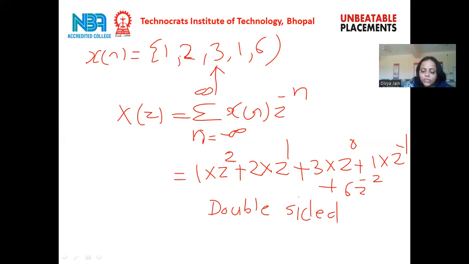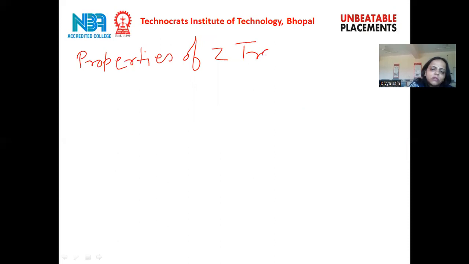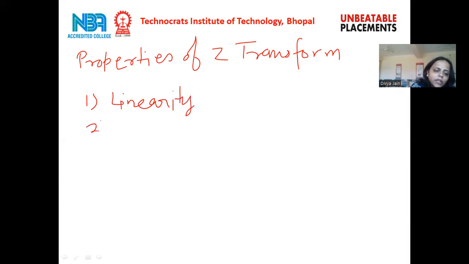Now I am going to discuss the properties of Z transform. First property is linearity. Second property is time shifting. Third is time scaling.